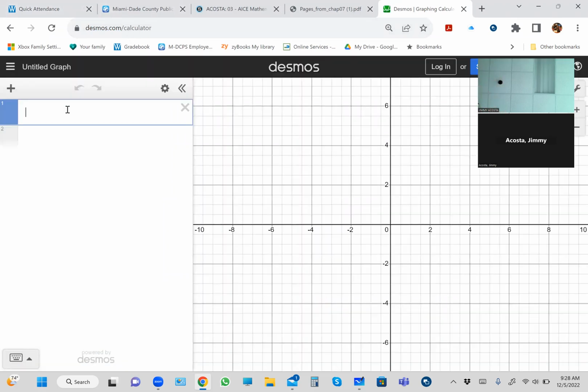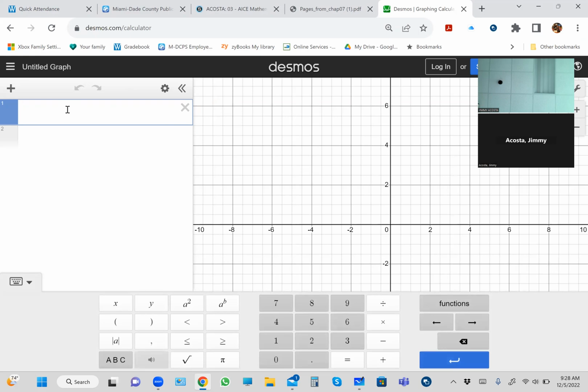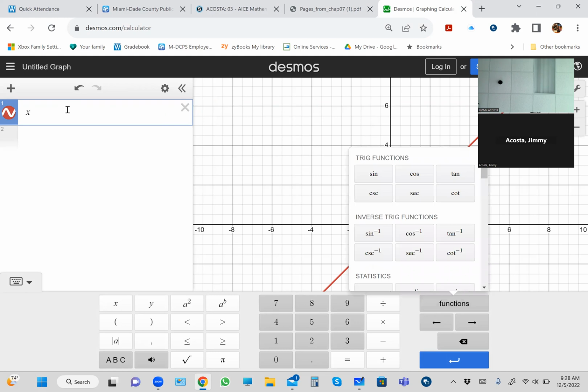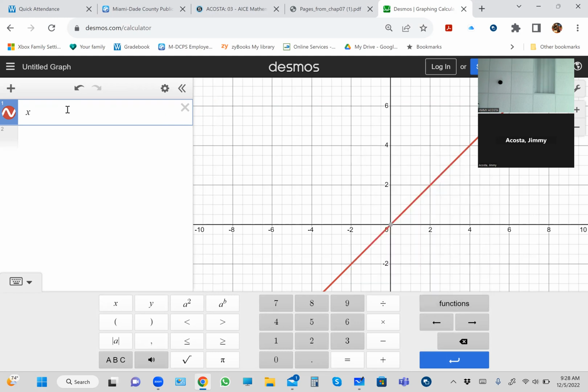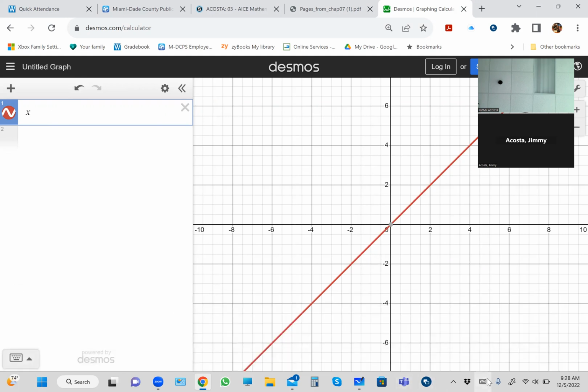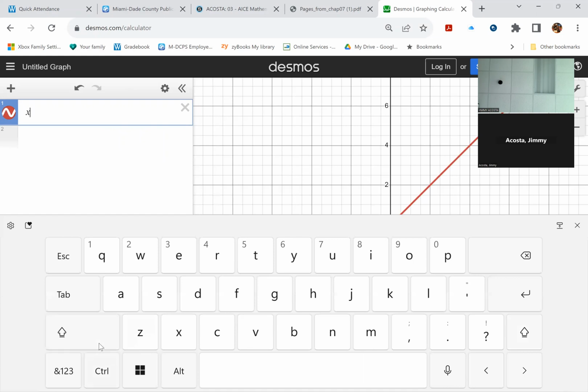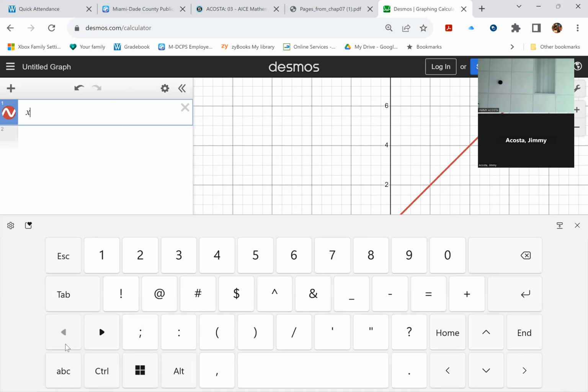So we have, come on, computer, help me out. I need the X raised to the 3rd power. So how do I do that here? I want my keyboard. There. X raised to the 3rd.